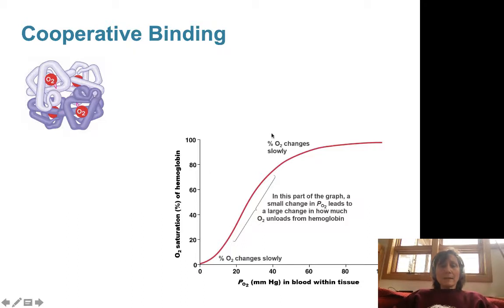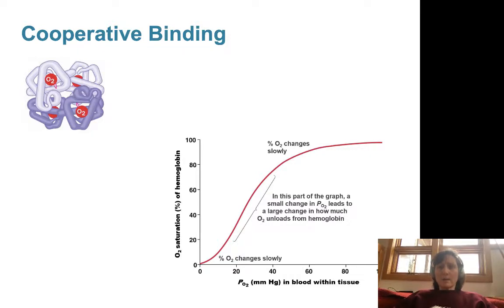So what that means is there's a huge amount of saturation here that will unload oxygen into the blood and keep it oxygenated.